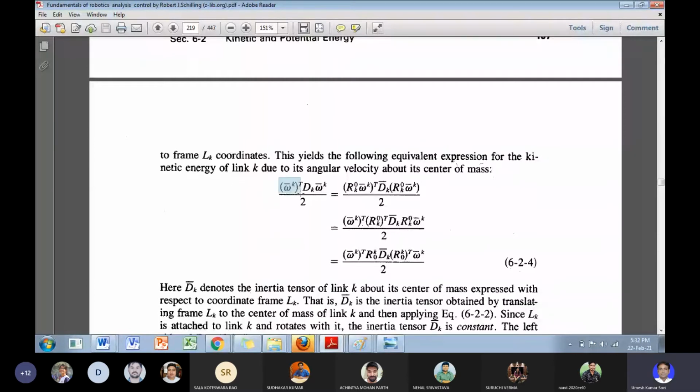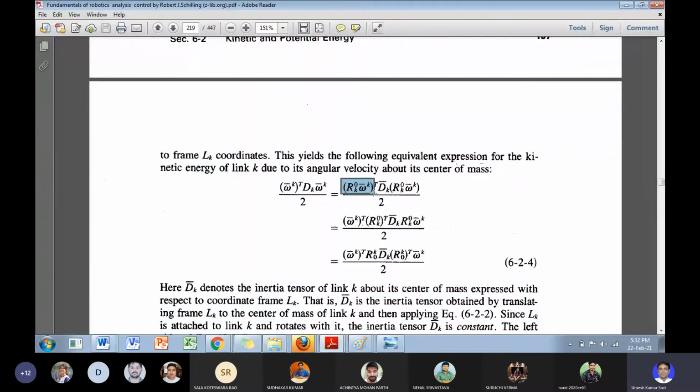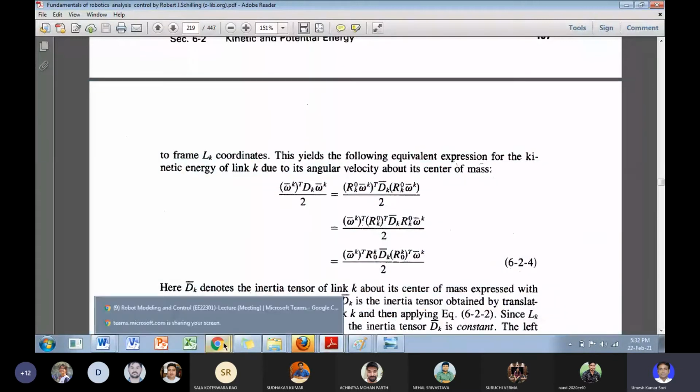Any velocity with respect to the base coordinate can be changed to the velocity with respect to the kth coordinate frame by using the transformations. Now I will show you.